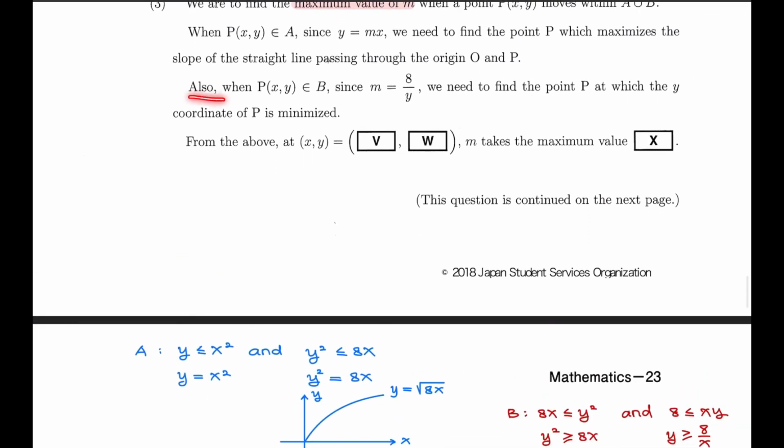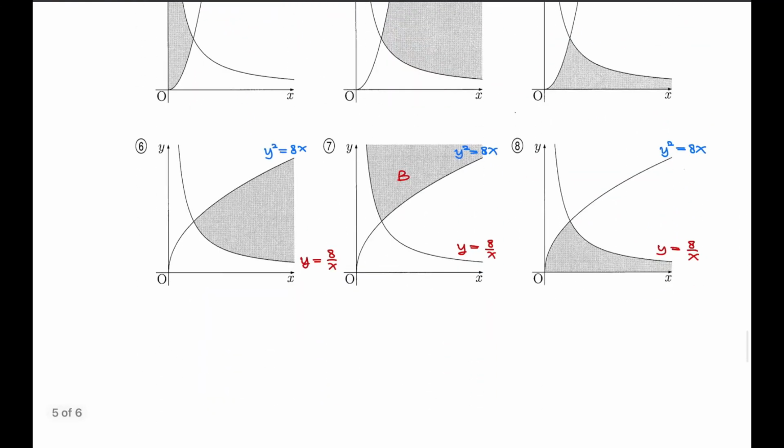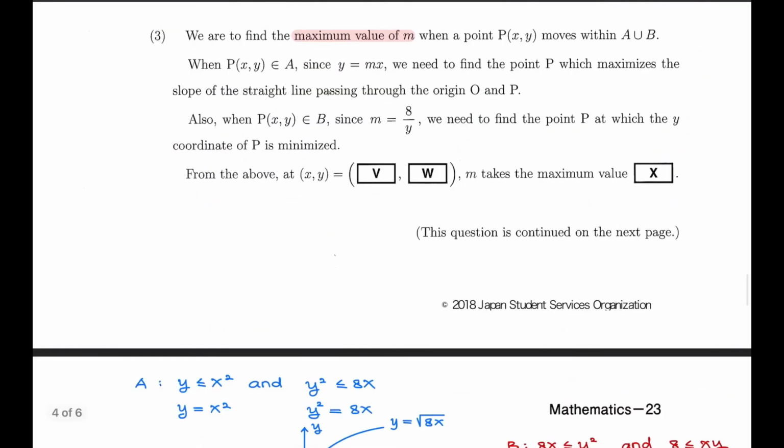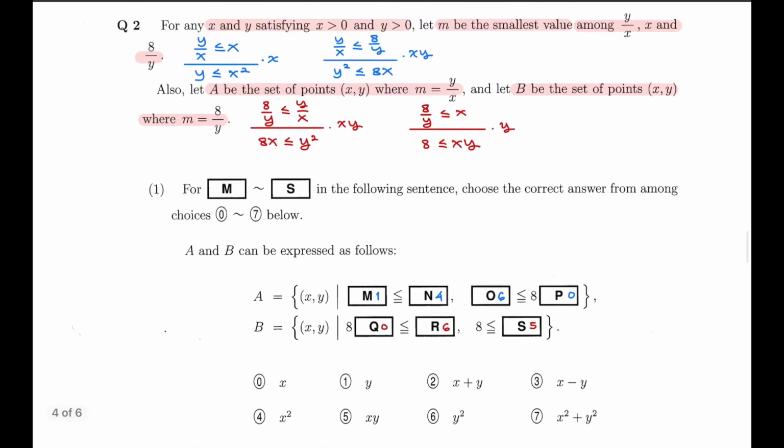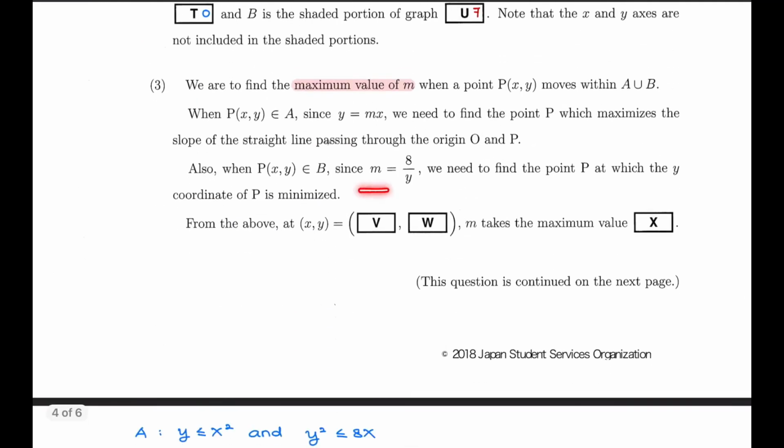And also when P is an element of B, now we will see region B. Since m equals 8 over y, why? Because B states that m equals 8 over y. We need to find the point P at which the y coordinate is minimum.